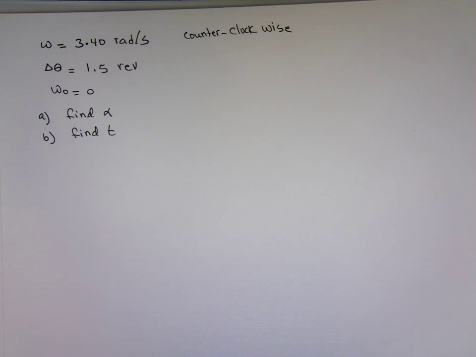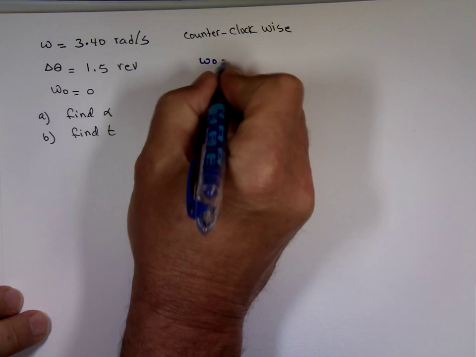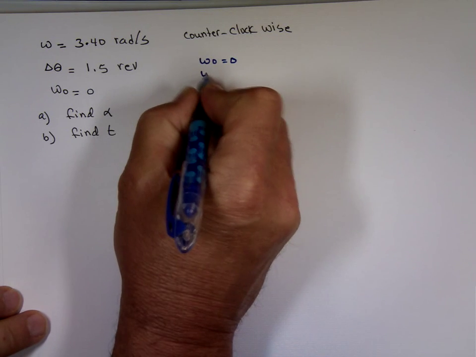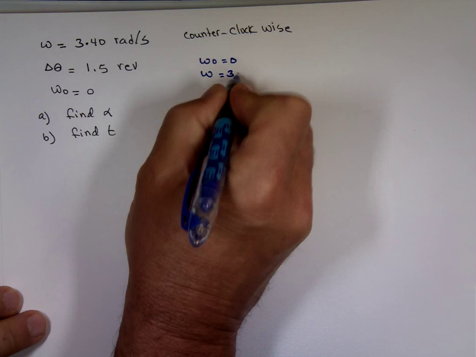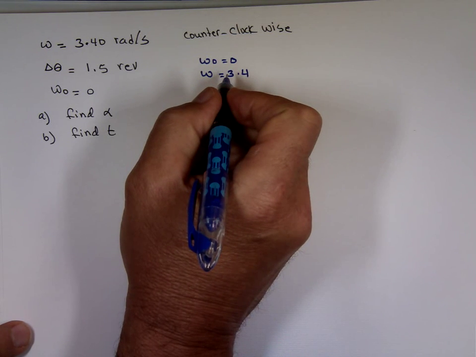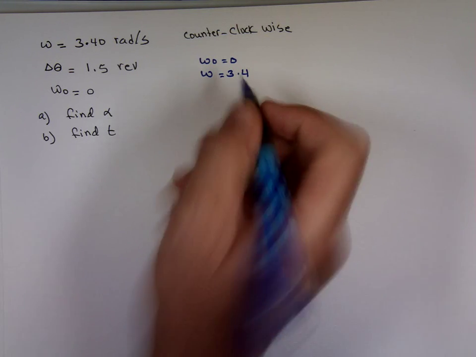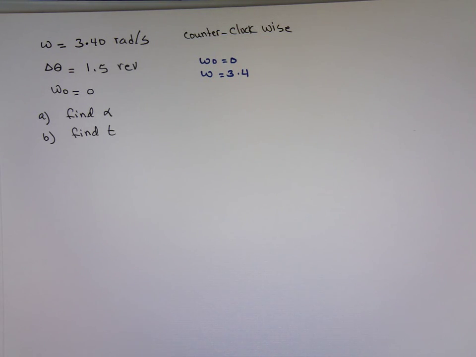Okay, let's see what's happening. The first one. So we have w0, which is 0. We have w, which is 3.4. Backward. Didn't we spin this one, right? Isn't that we spun the wheel of fortune here? Those are backward.